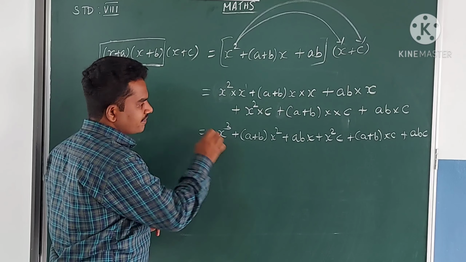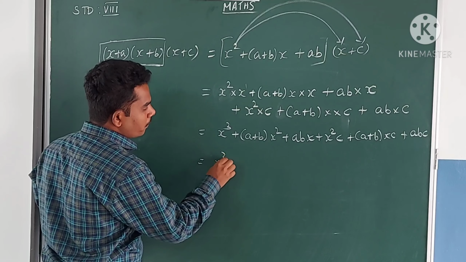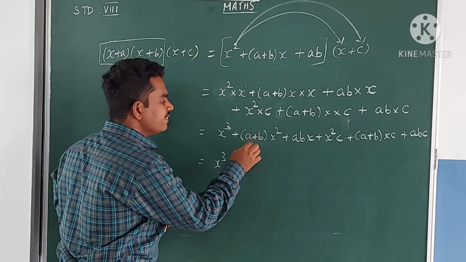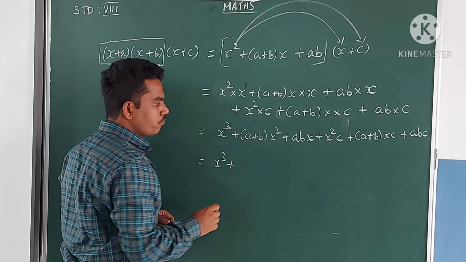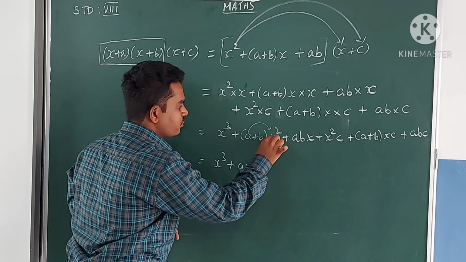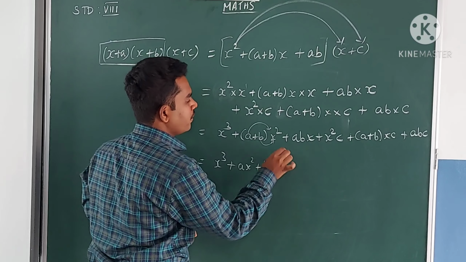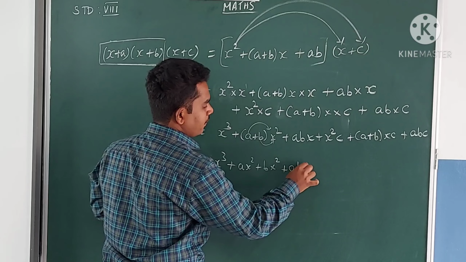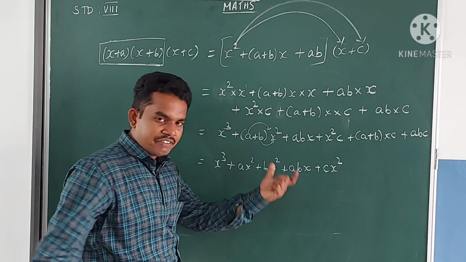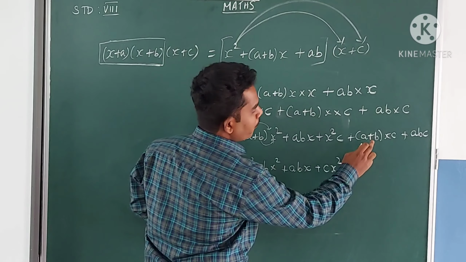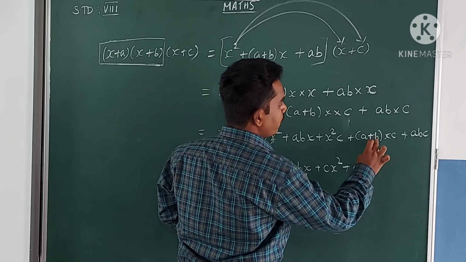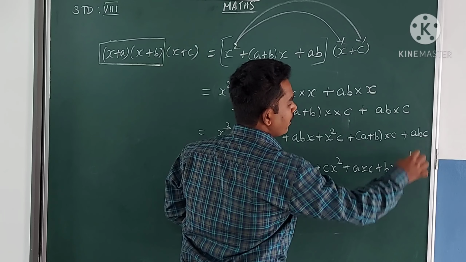Binomial into monomial: ax square, bx square, abx, cx square, axc, bxc, plus abc.